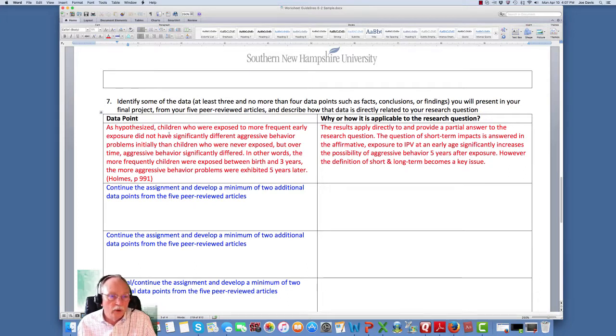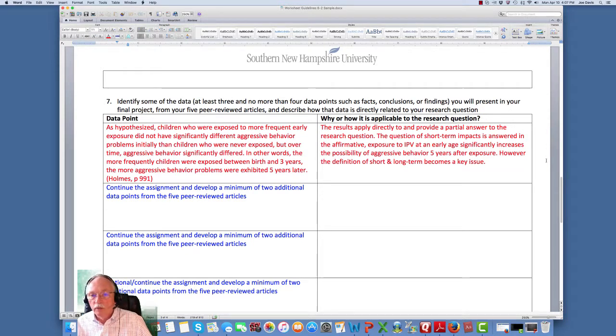So my data point for this example is, as hypothesized, children who were exposed to more frequent early exposure did not have significantly different aggressive behavior problems initially than children who were never exposed, but over time aggressive behavior significantly differed. In other words, the more frequently children were exposed between birth and 3 years, the more aggressive behavior problems were exhibited 5 years and later. Okay, and there's my cite for it.